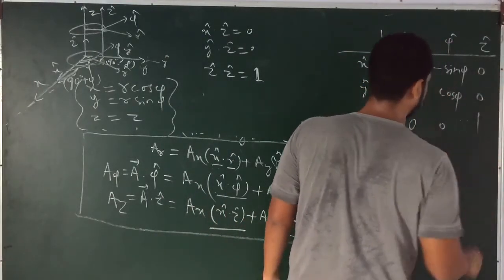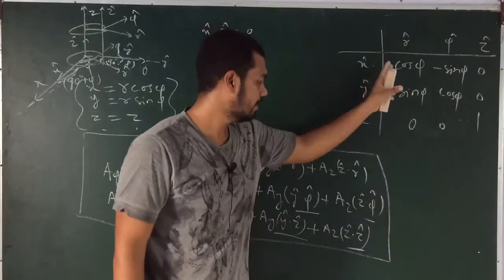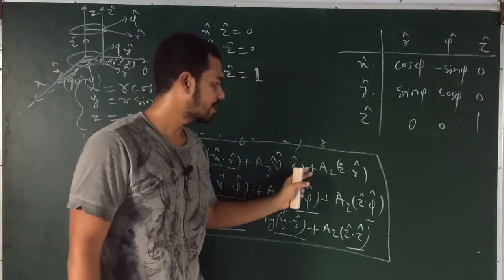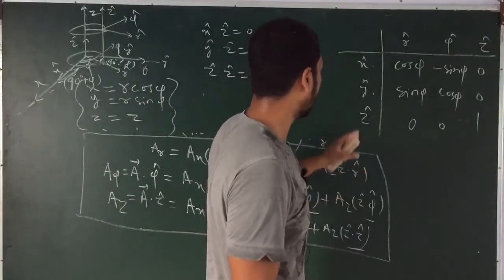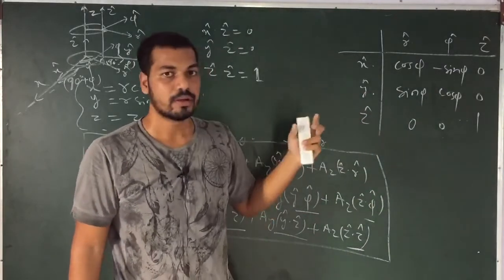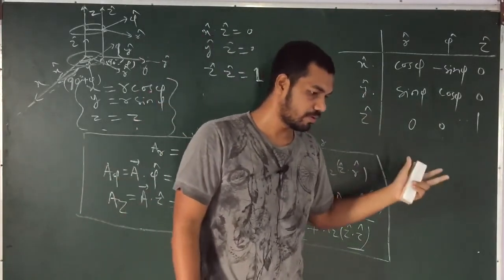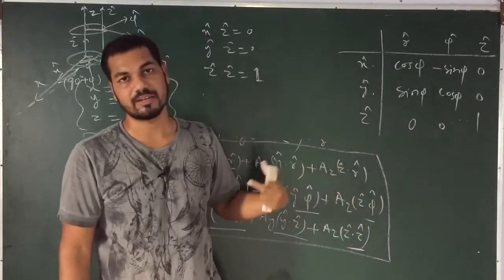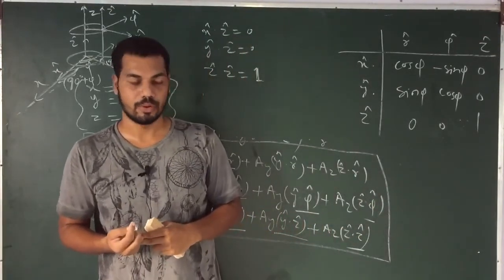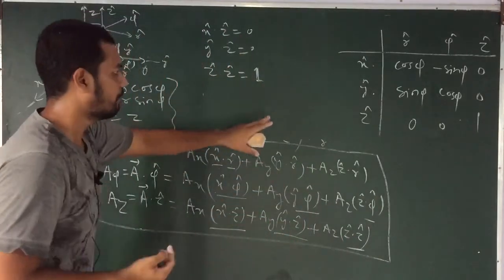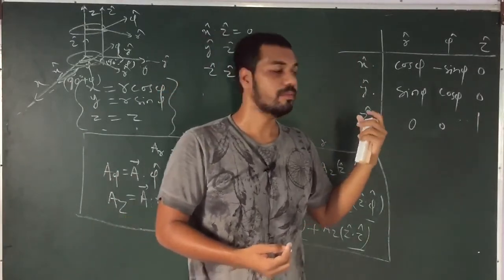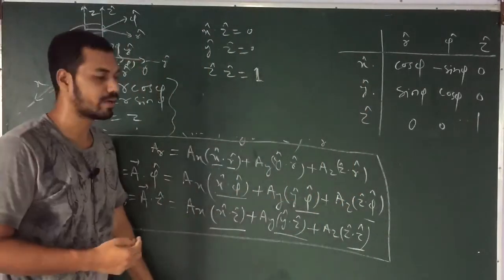So if you remember these values, x cap dot r cap, y cap dot r cap, z cap dot r cap, and so on from this table, it is most important to know and to solve problems like the transformation of a vector from one coordinate system to another. Okay, so this is the formula for transformation of the coordinates of a vector from Cartesian to cylindrical coordinate system.